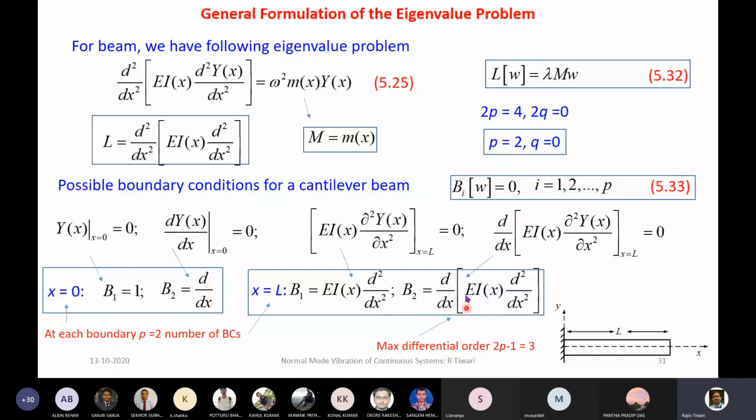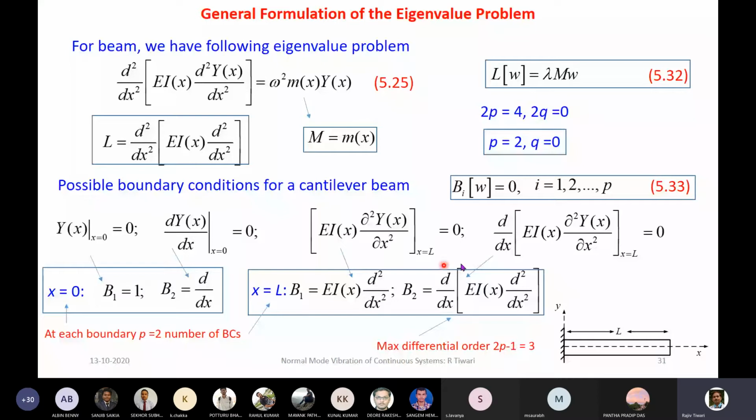Now, if you see in the whole boundary condition, what is the highest order of differentiation? The highest order of differentiation is in the shear force, which is 3. And I already mentioned earlier, the B operator should have differentiation at the most 2P minus 1. So 2P is 4, minus 1 is 3.